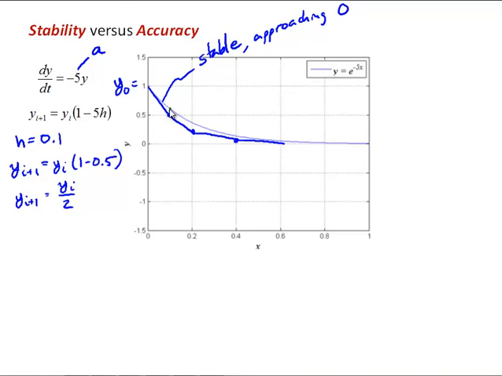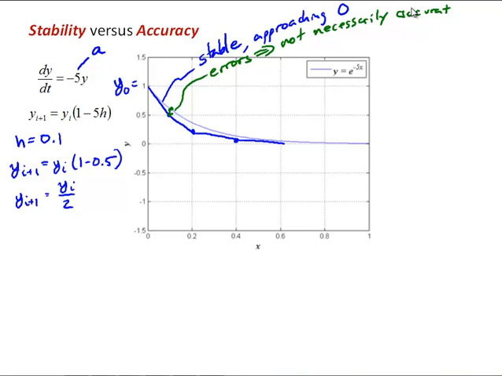That said, we do have errors, so it's not necessarily accurate. And we know from previous discussion that we could increase the accuracy by reducing the step size h, or by going to a more accurate method, and we will talk about a variety of more accurate methods in future videos.